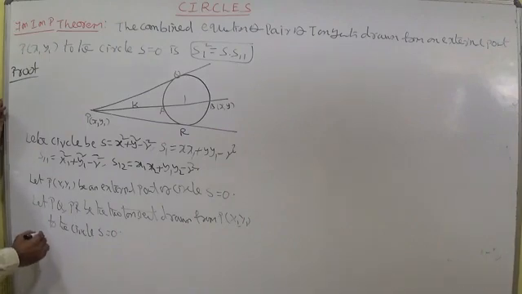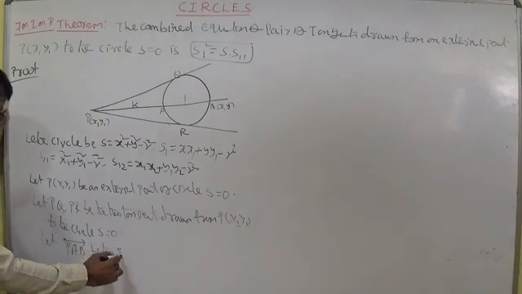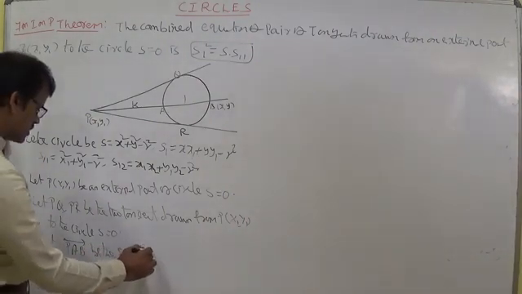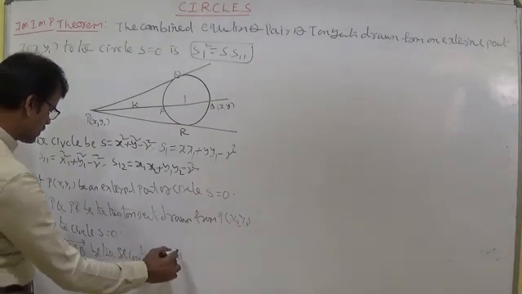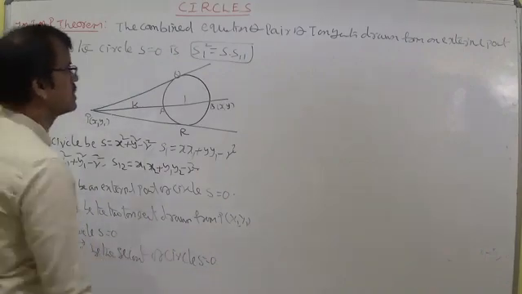Next we can write, let PAB be the secant line of the circle.